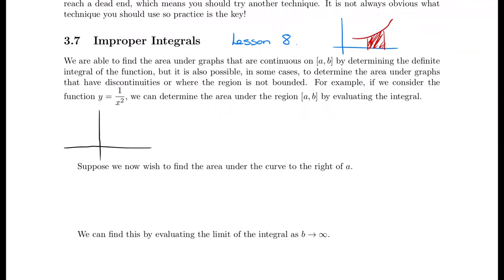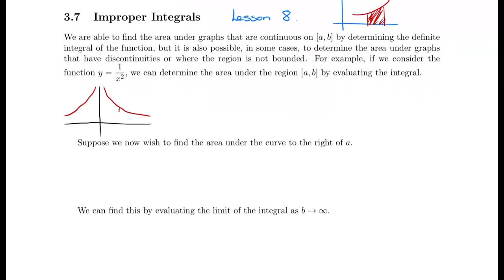Okay, so it looks something like this. So between A to B, so here's A, and so we're able to determine the area that is between a certain interval A to B. So this is what we could actually determine.